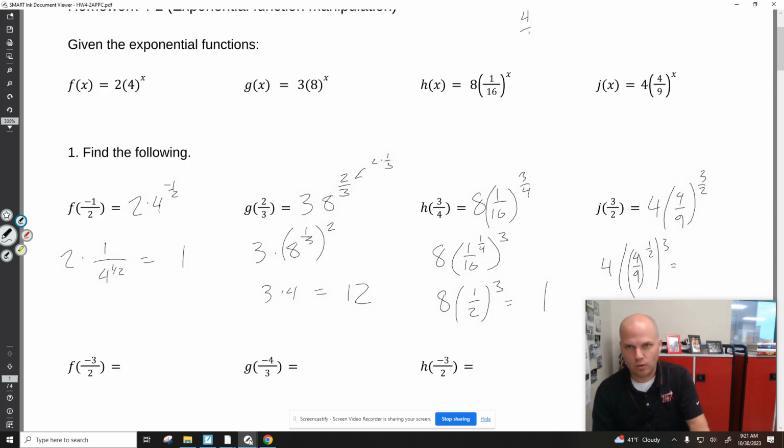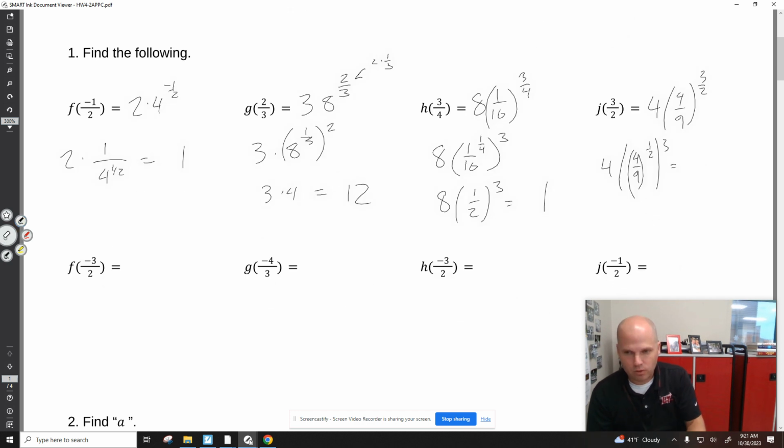Like, what if it's 4/9 squared? Well, that would be 4/9 times 4/9, which will be like the top squared over the bottom squared. If you're taking powers of fractions, you can take the top and the bottom to that power. So I'm going to take 4 to the 1/2 and 9 to the 1/2, giving me this 4 stays here, but I get the square root of 4 is 2, the square root of 9 is 3.